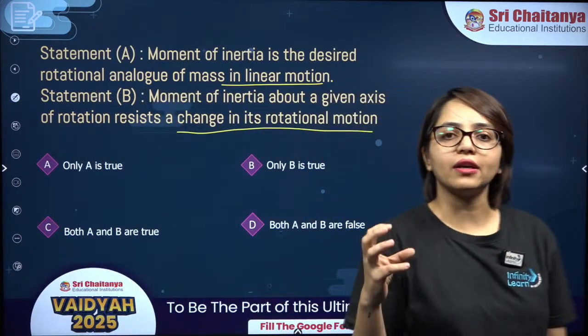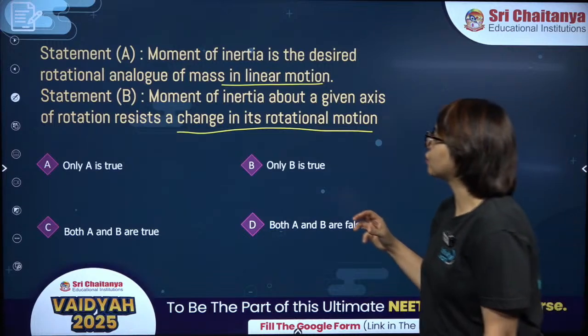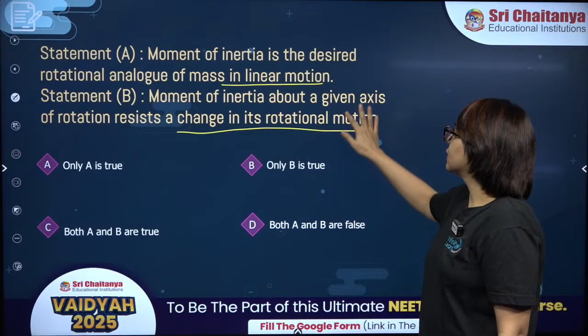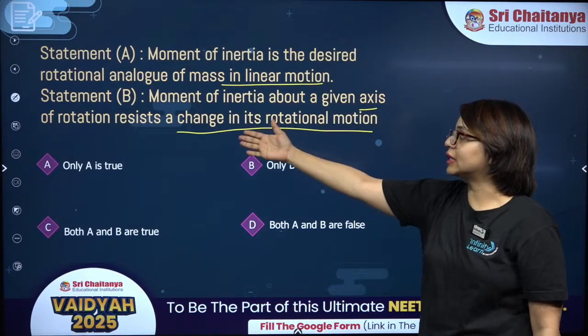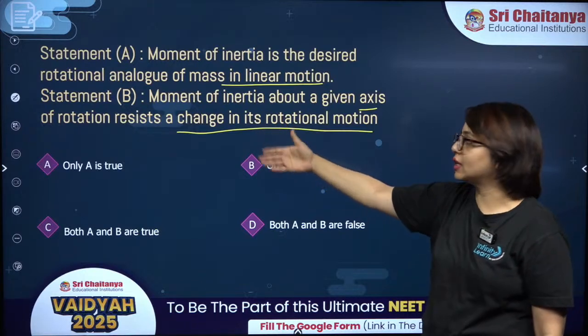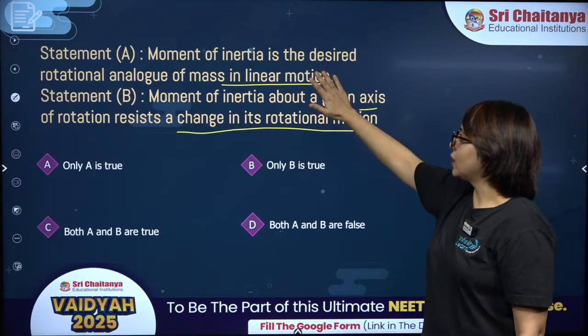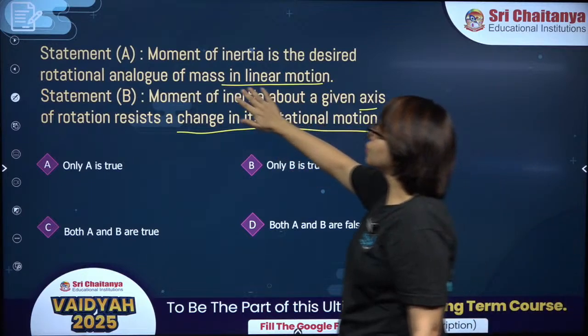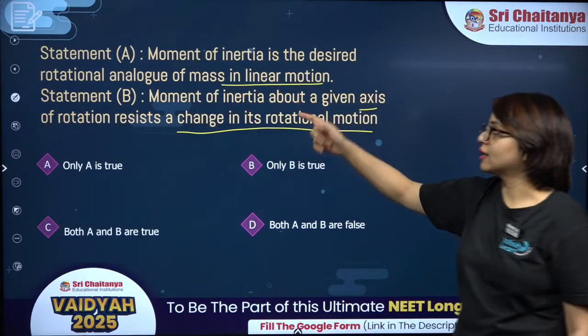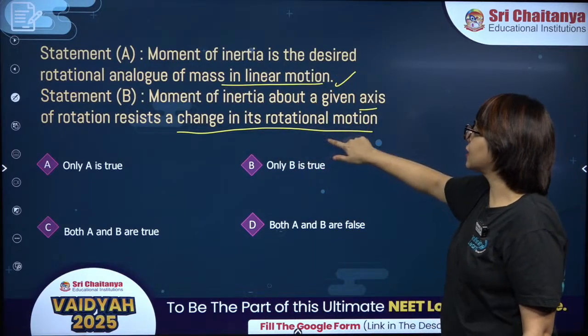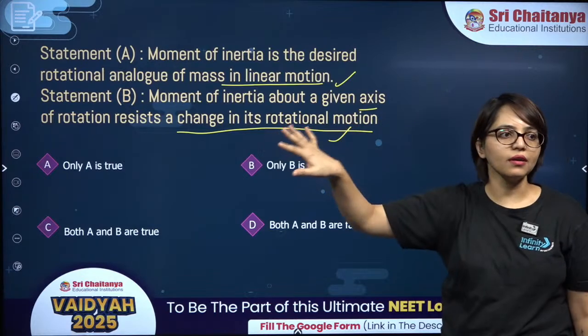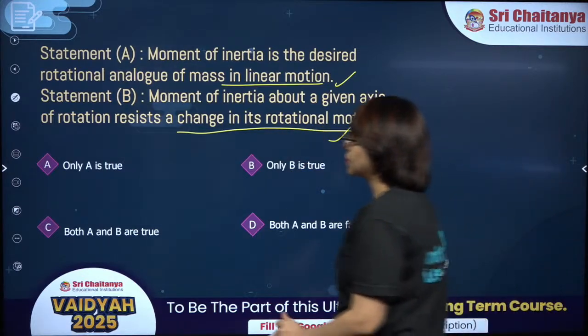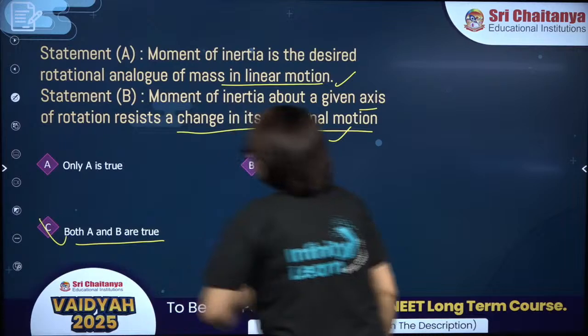Inertia is the inability of a body to change its state of motion, the property by virtue of which it resists the change in its motion. So in translational motion we have mass for that, in rotational motion we have moment of inertia. So statement A is true as well as statement B is true. Correct answer is option C, both A and B are true.